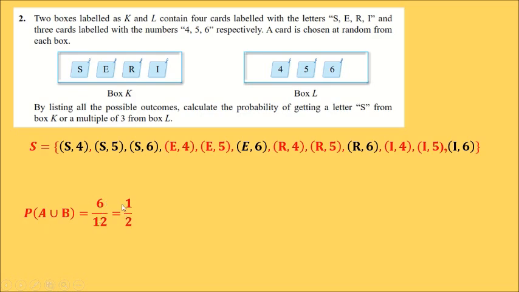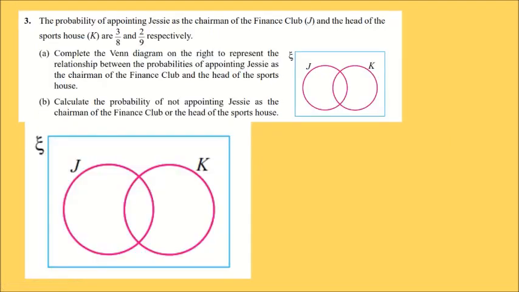Then we simplify, 1/2. A is getting a letter S, and B is a multiple of 3. Here the possible outcomes, we have 6, then 6/12, 1/2.